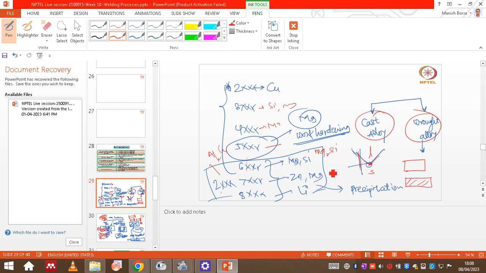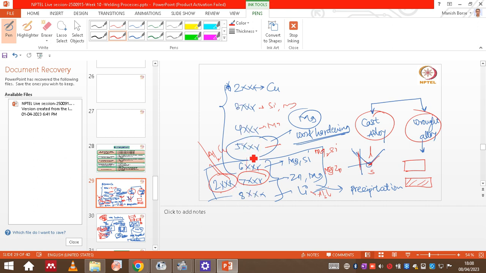And in the 7 series it's MgZn2, and Al3Li in the 8 series. Okay, so if we consider mainly the 7 series or 2 series, they are more prone to solidification cracking. Okay, so why?